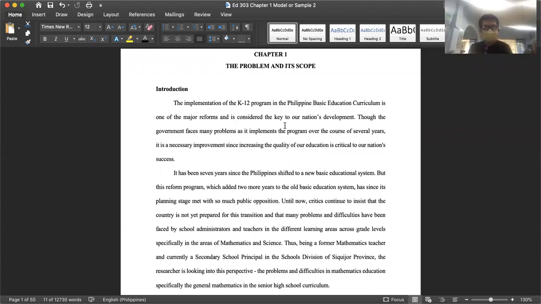Margin. Take down the margin. When you look at the paper, the margin should be left side 1.5, then all the other sides 1 inch.